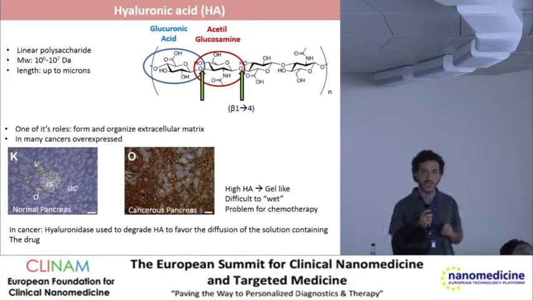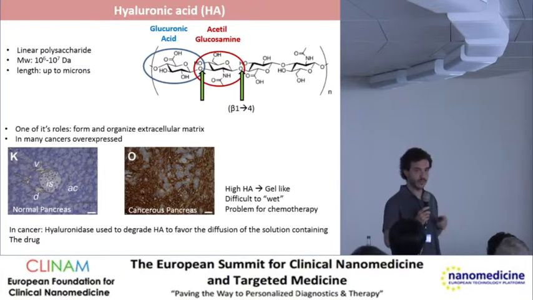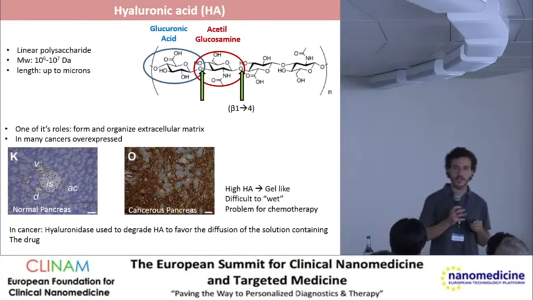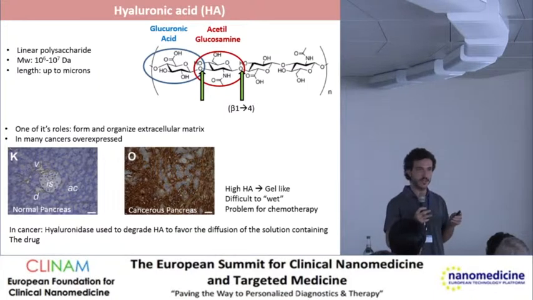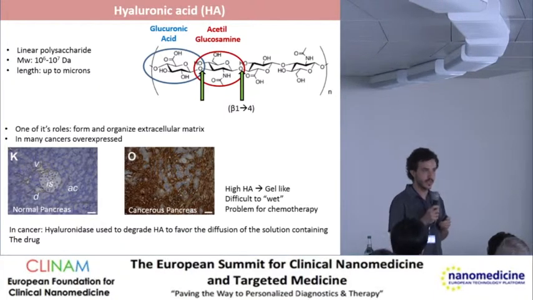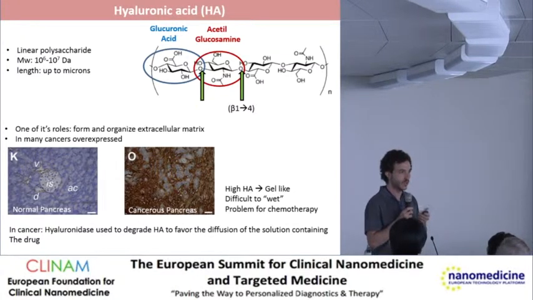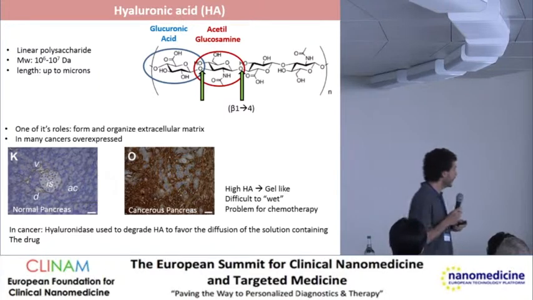And this poses a very large problem for treating these cancers with chemotherapy, because basically this is now like a gel. It's a material that's difficult to wet. Let's say it's hard to access for a solution containing the drug.